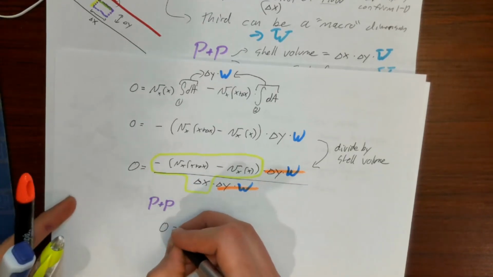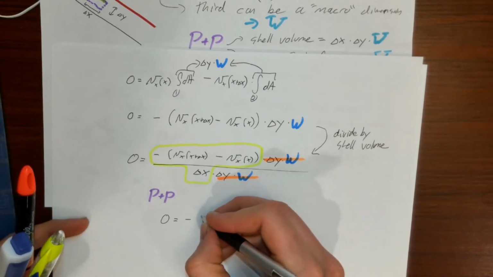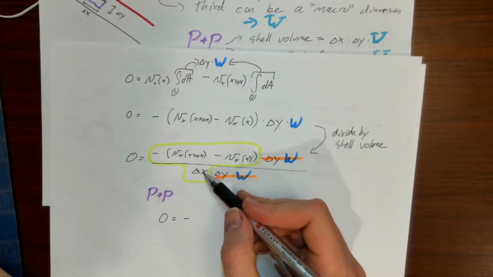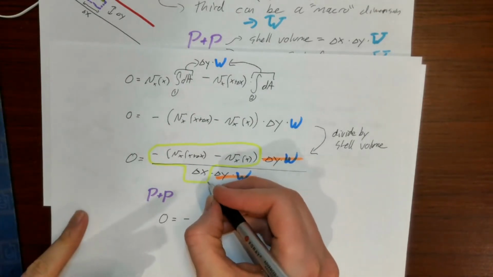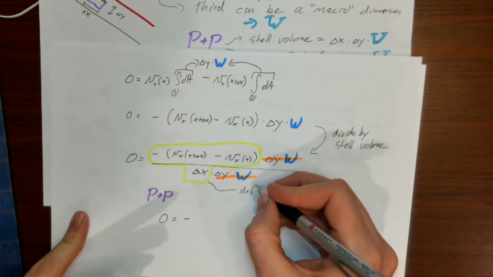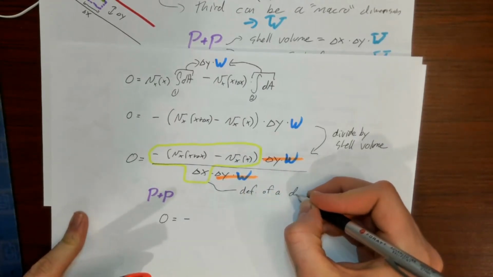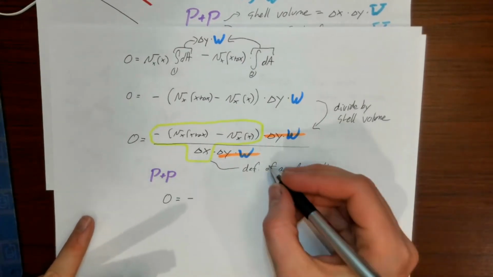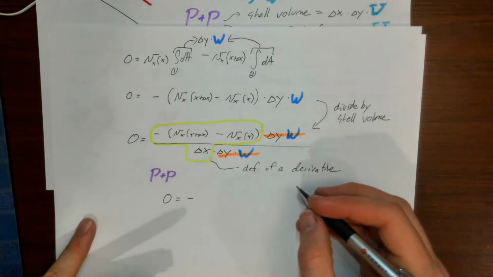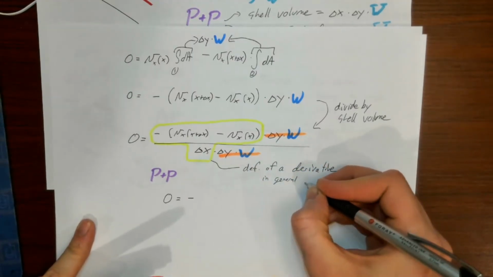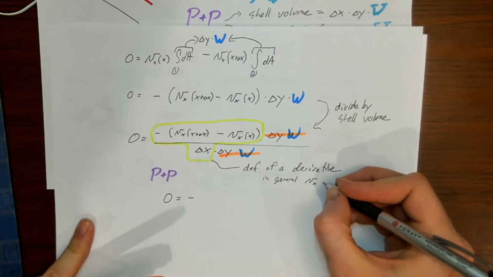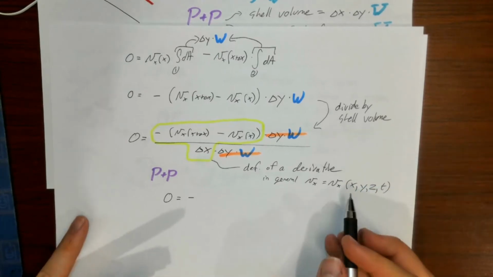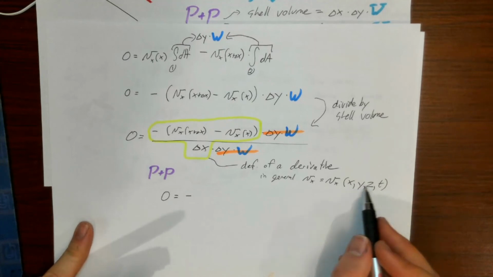So in this case, we basically have 0 equals minus the derivative of x velocity with respect to x. Now, we need to be a little bit careful with this derivative, right? This is essentially the definition of a derivative. But the tricky thing with Vx is that, in general, Vx could be a function of x, y, z, and t, so it has derivatives with respect to any of these variables, right?